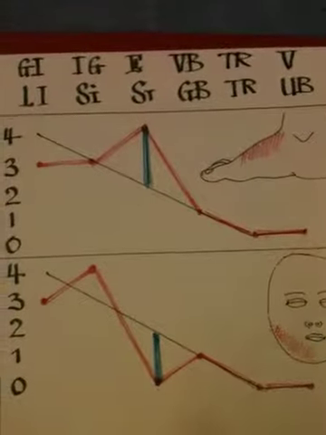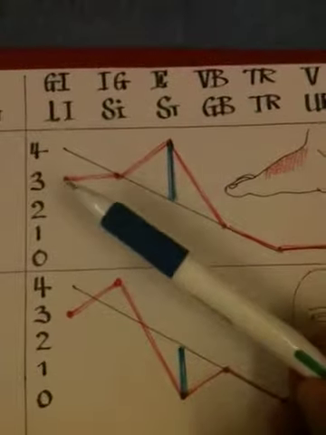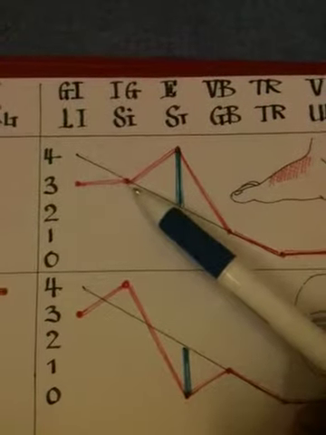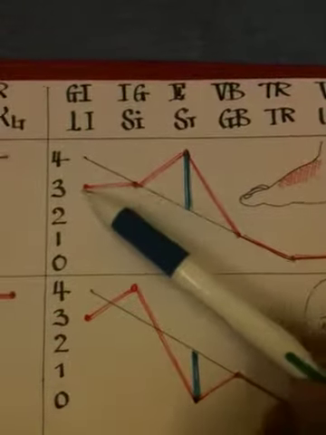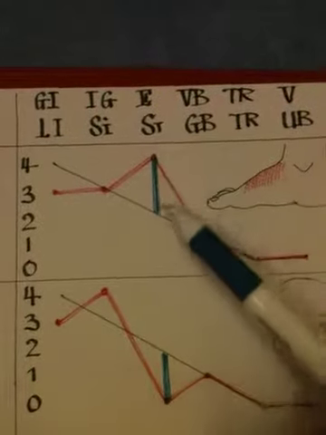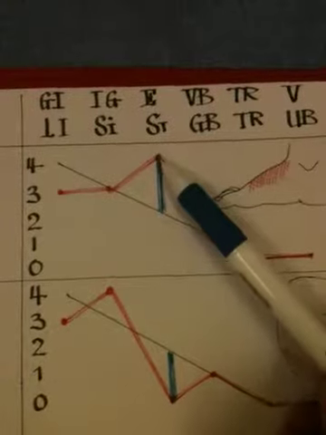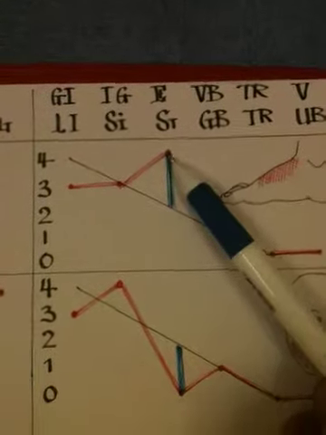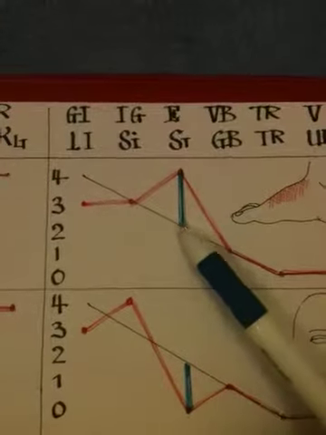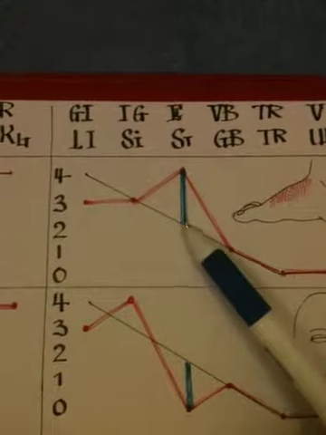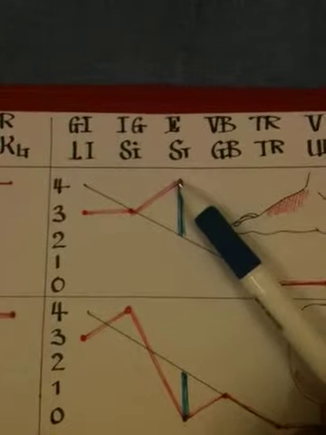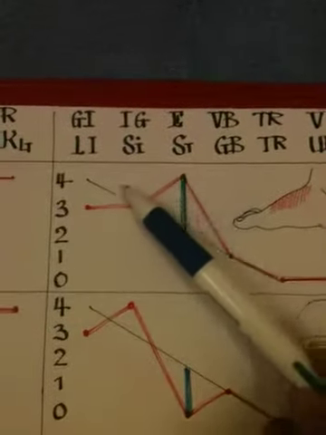We can see the large intestine corresponds to the movement of fire. It's the level of the small intestine. But what's interesting, the stomach meridian, we see how different it is from its original position, where it should be, and the movement of the stomach meridian is metal.